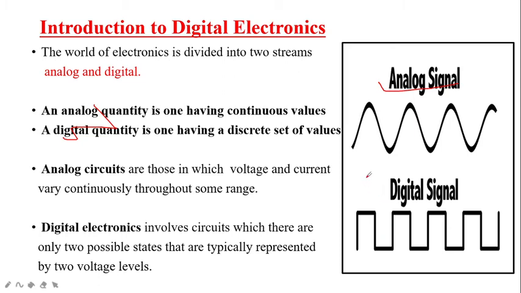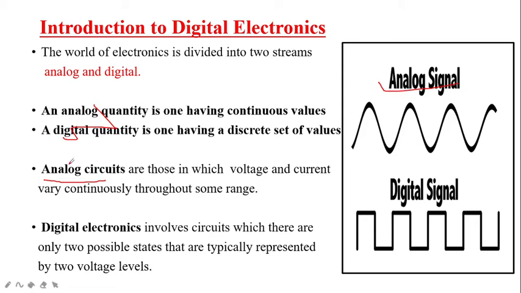But in the field of electronics we deal with a lot of circuits. So especially we shall now study what an analog circuit is. Analog circuits are those in which voltage and current vary continuously throughout some range. We have seen that in the analog quantity there is a continuous change of values.